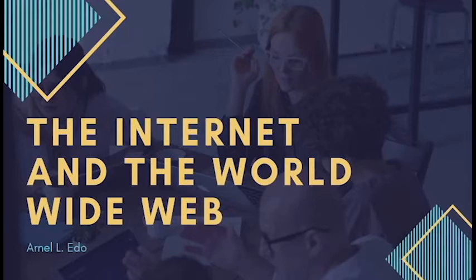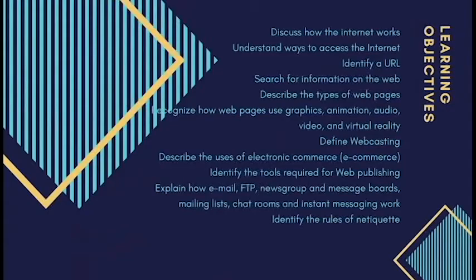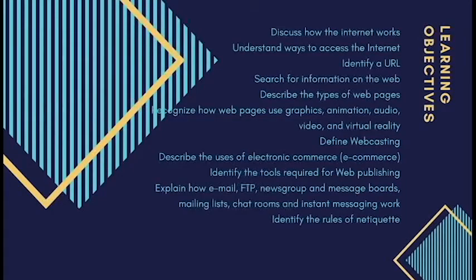So this is the Internet and the World Wide Web. Basically, these are our learning objectives. We're going to know how the internet works. Then we have to understand ways and how to access it. Then identify the URL. Then search for information on the web, and there are types of web pages actually.